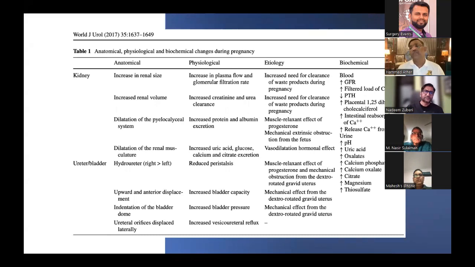There is increased filtered load of calcium, the PTH level goes down, and all these factors result in hypercalciuria with increased uric acid excretion, oxalates, calcium phosphate.